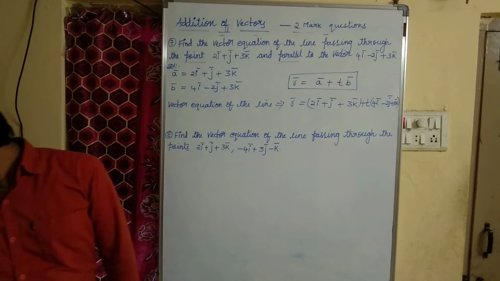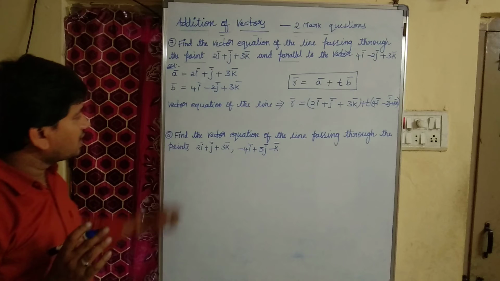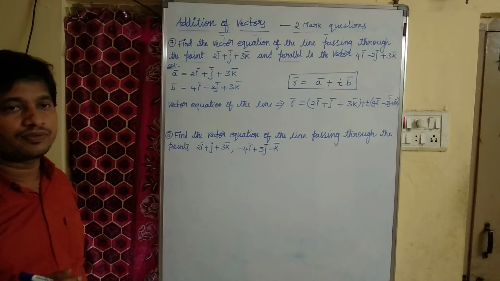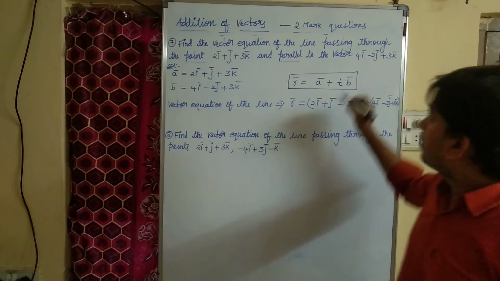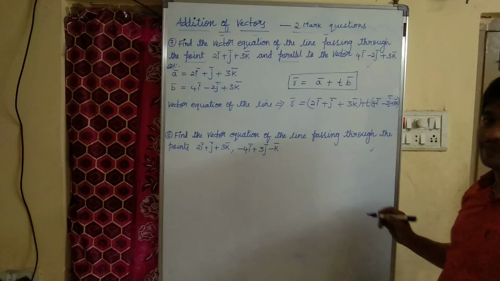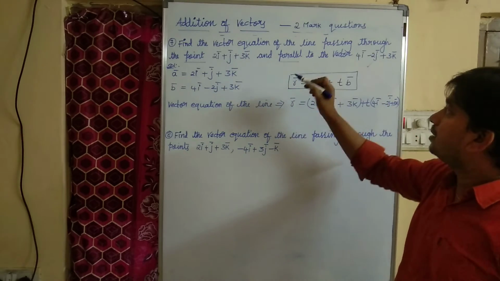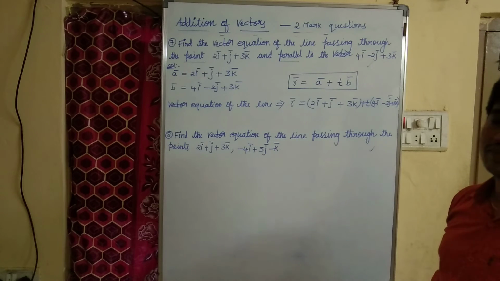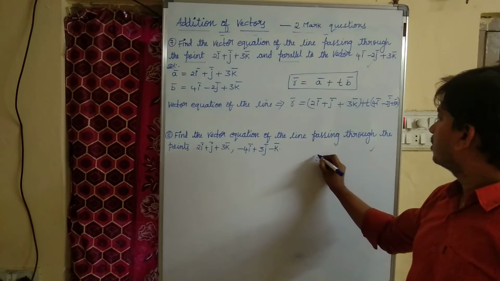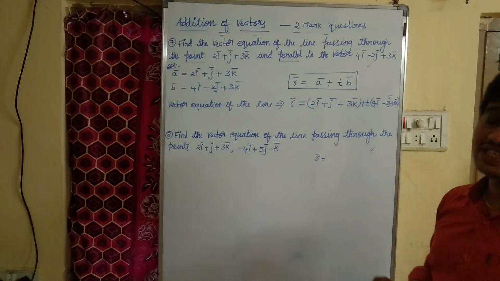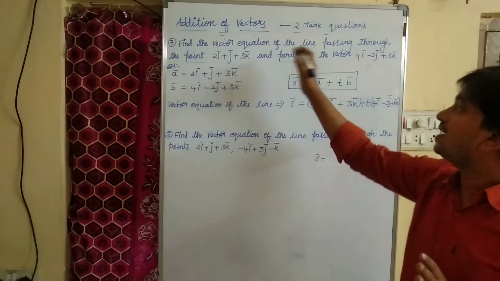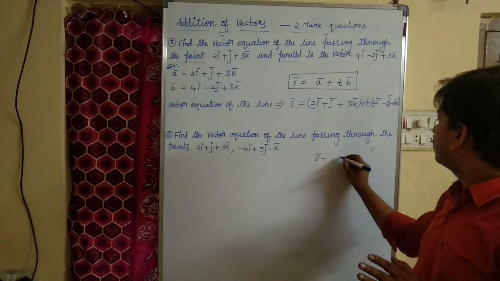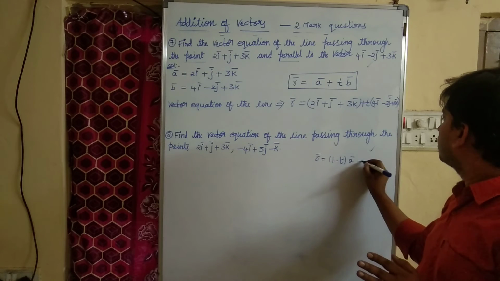So second one is, see here, find the vector equation of line passing through the points. The difference between problem number 7 and problem number 8 is, there it is passing through the point and parallel to the vector, whereas in this question it is passing through the points only. Here point and vector, but here only points. So r bar equal to 1 minus t into a bar plus t b bar.